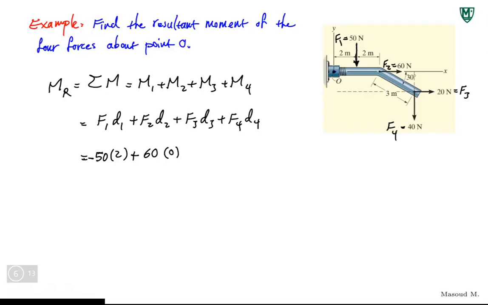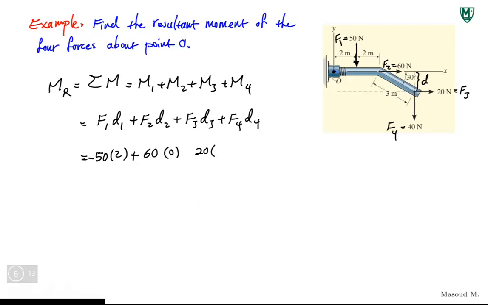Now, the next one is F3. F3 is 20. What is the D value for this case? So this is D, right? 30, yeah.